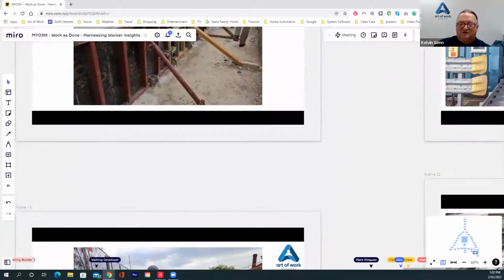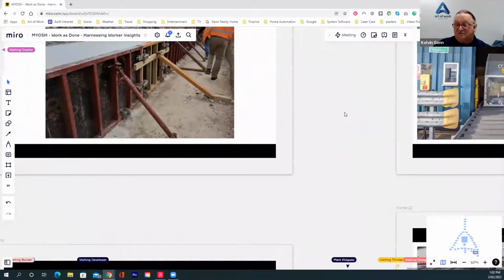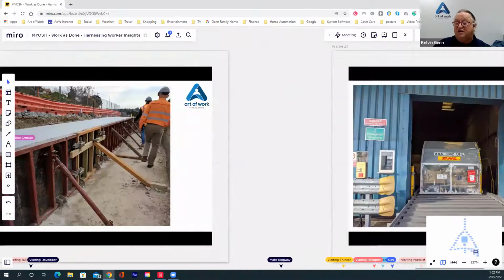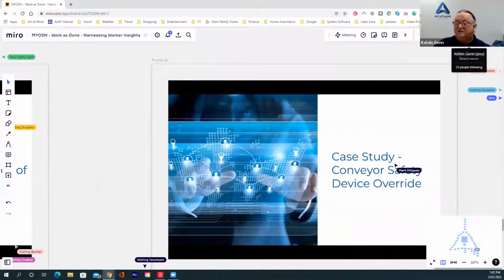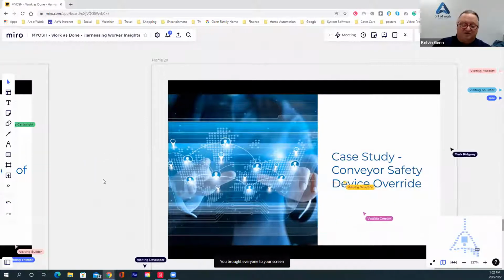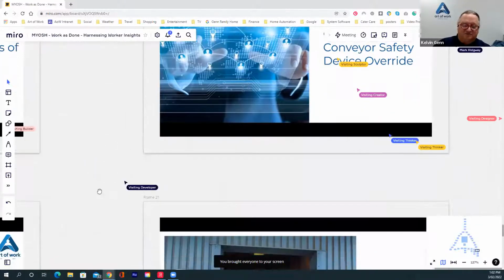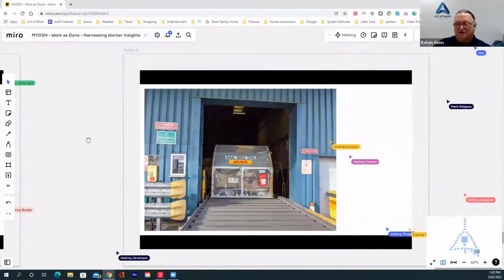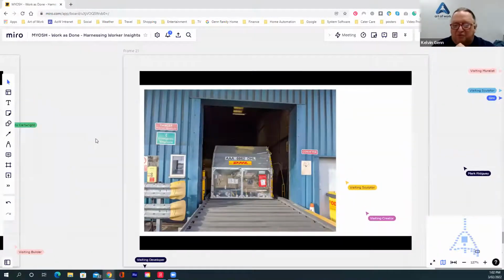So I'll take you to another example here. This is a conveyor system. It's again on an airport. And again, we're going through, having this particular process explained to us about the nature of work, what's working well, what's not, and what needs to be done differently.